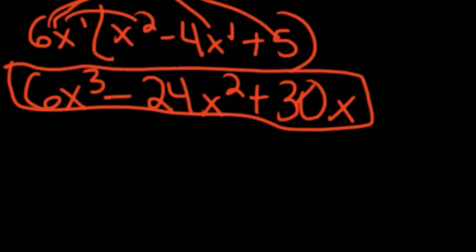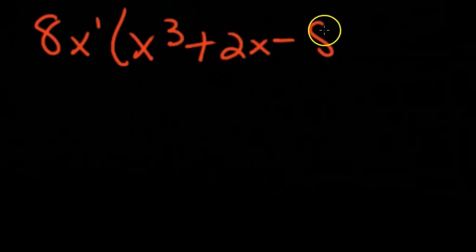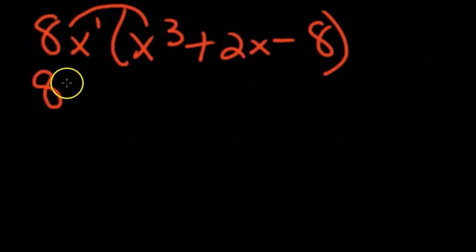Now let's do one more problem like this. Say we have 8x to the first power times x to the third power plus 2x minus 8. What do we have to do here? Please pause the video and try it on your own first. Alright, now we multiply 8x times x to the third, which gives us 8x to the fourth.